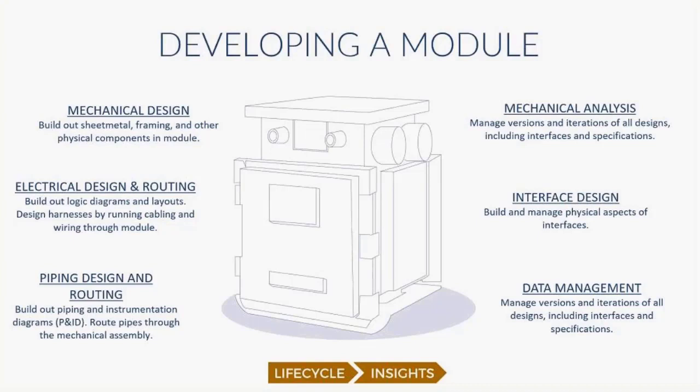So being able to use standard framing and sheet metal design is really critical here. From an electrical interconnect perspective, being able to develop the logic diagrams, schematics, the layouts, and then being able to route those cables and wires through your modules and making sure they can connect properly is really important.